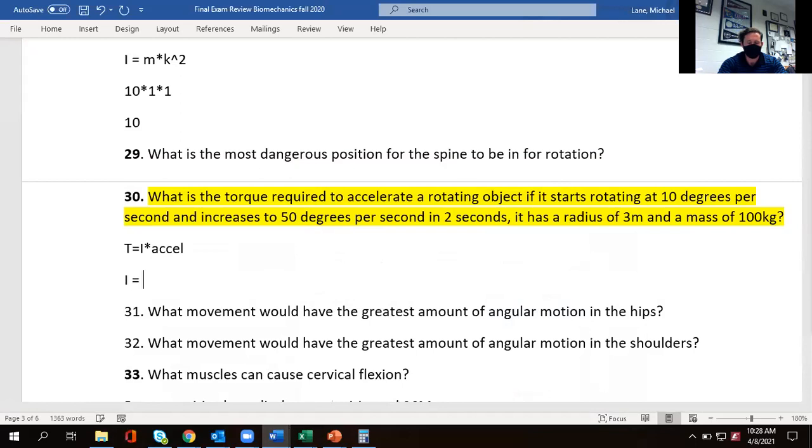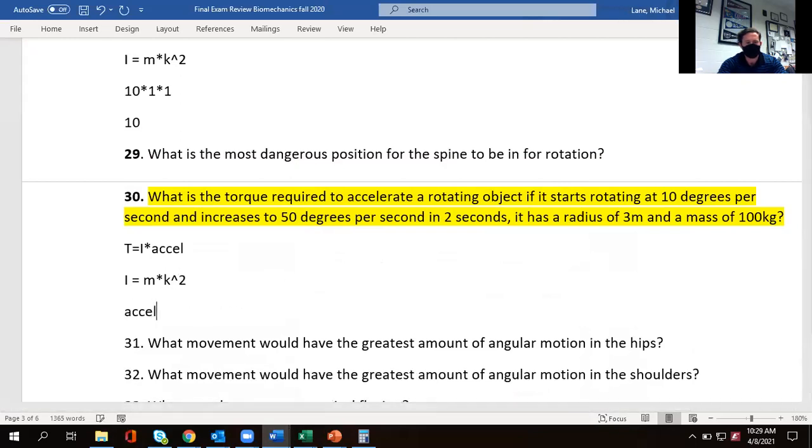Our inertia equals our mass times our radius squared. Acceleration equals our final vel minus our initial vel, and all that divided by the time it took.